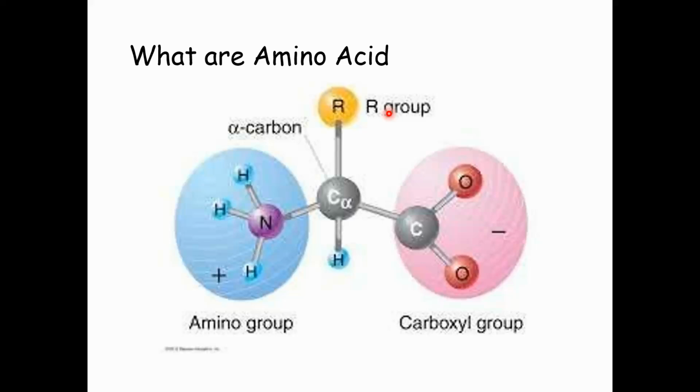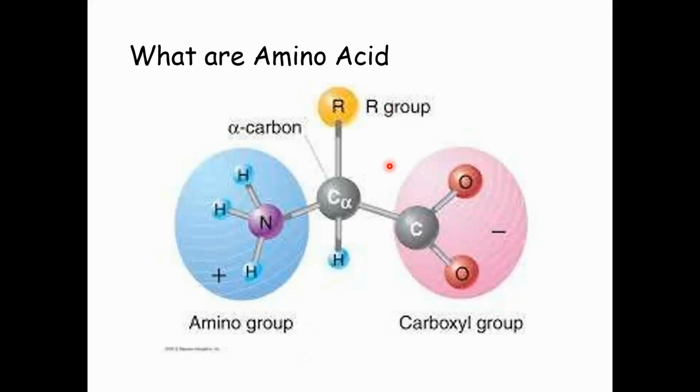So when I talk about the structure of an amino acid, how it looks, we can just remember that an amino acid is a biomolecule that has a central carbon atom, and this carbon atom has the capability to join four other atoms.